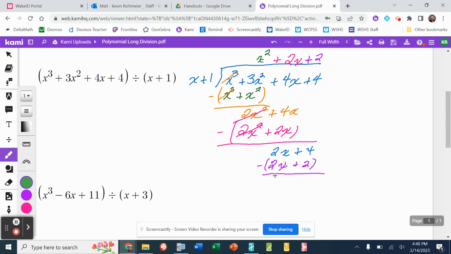So 2x minus 2x, those are going to be eliminated because remember I'm subtracting. 4 minus 2 is 2. So I have a remainder of 2.